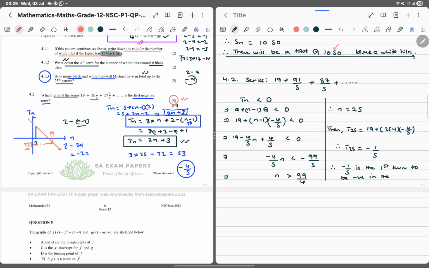Was it in the pattern or in the series? Okay, be able to write a bit of maths in an English sense, of course, because time and space doesn't allow for a proper English sentence. We are just bringing it into the fore, but it's not really a necessity. All right, to be negative in the series. Okay, so that's the thing.